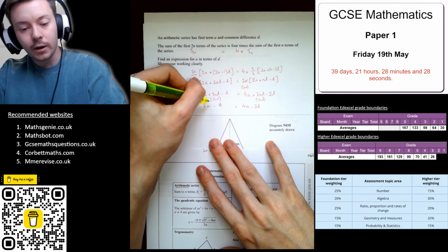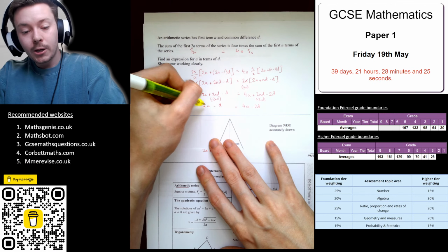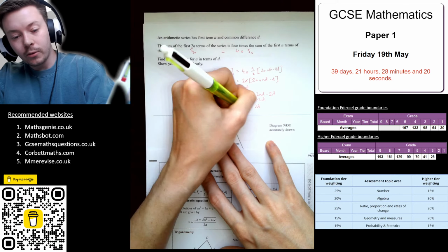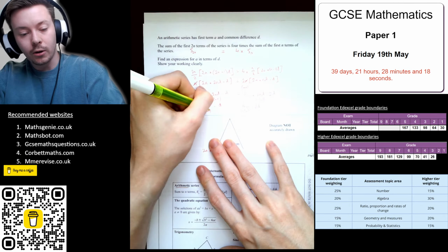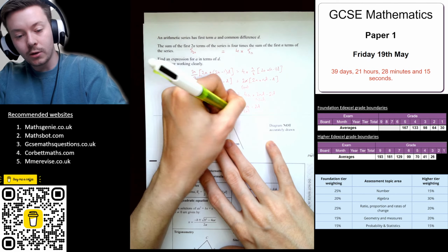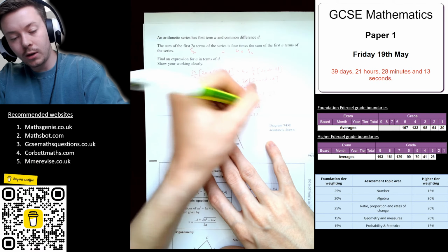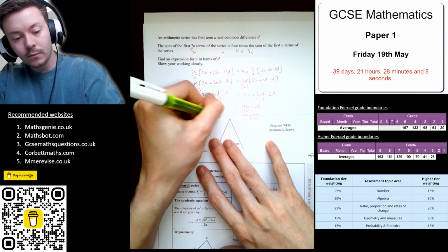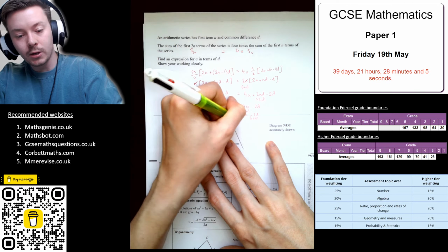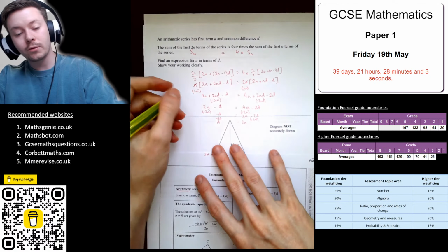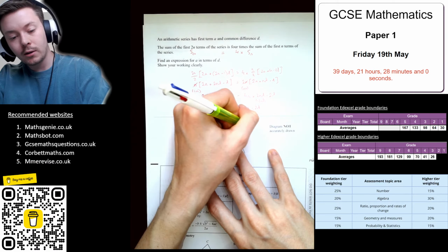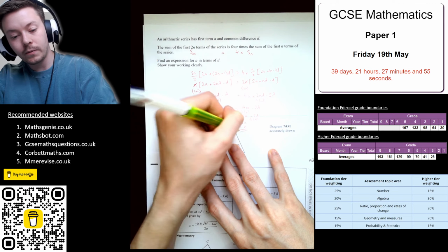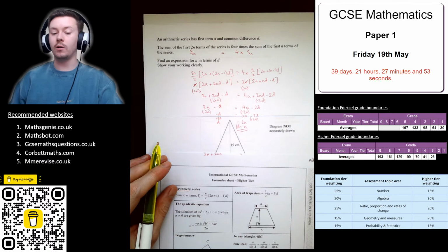From there I need to take away 2a from both sides, and I'm going to get minus d is equal to 2a minus 2d, and then add 2d to both sides. And I get d is equal to 2a, which gives me half both sides. A is equal to a half of d.